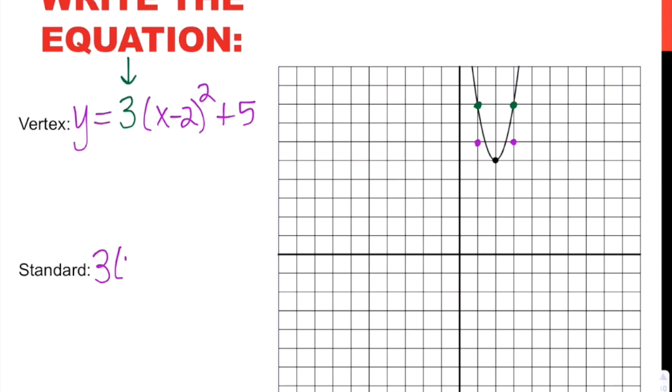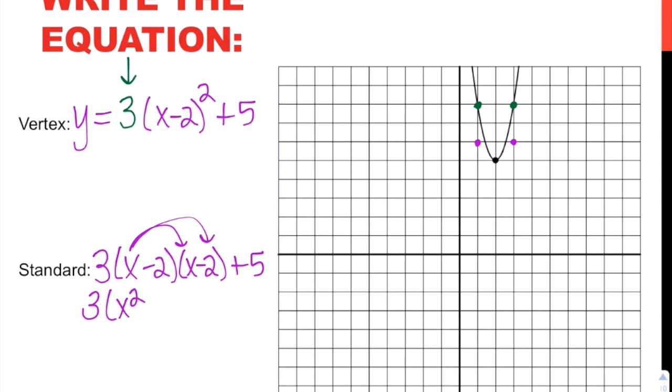My first step is to FOIL x minus 2 times x minus 2. So x times x is x squared. X times negative 2 is negative 2x. Negative 2 times x is negative 2x. And negative 2 times negative 2 is positive 4.